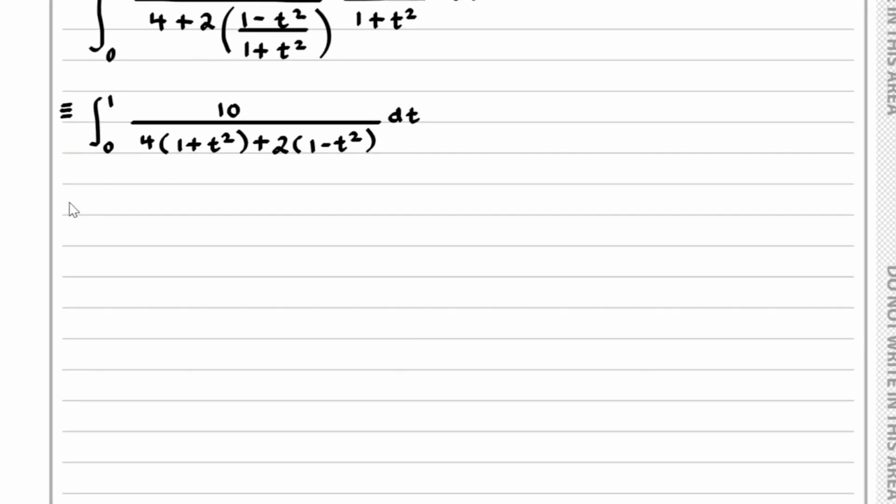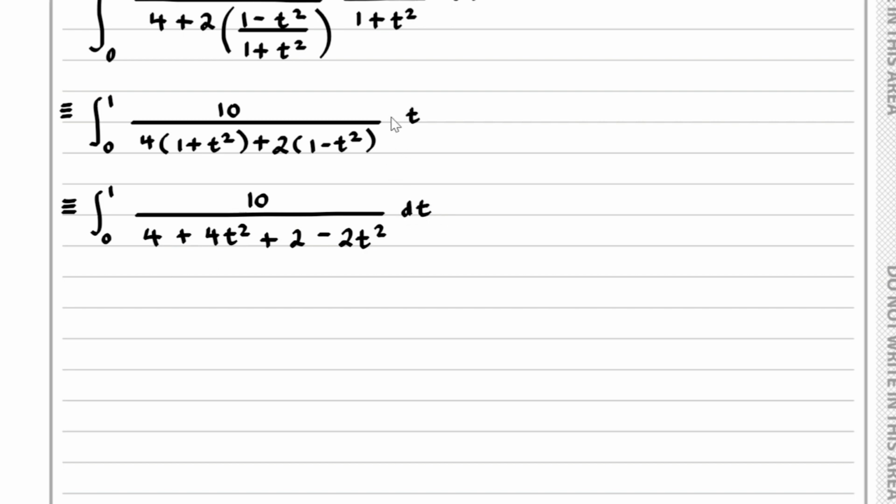And if we expand along the bottom, 4 times by 1 is 4, 4 times t squared is 4t squared, then we add on 2, and then we subtract 2t squared, and then on the top we've got the 10.